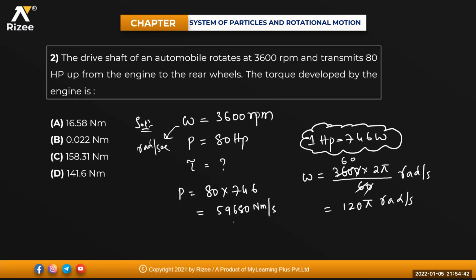Barika, what topic is going on for you in the college, beta? So mechanical properties of fluids in one track, and in another track they're doing work power energy, sir. Achha.